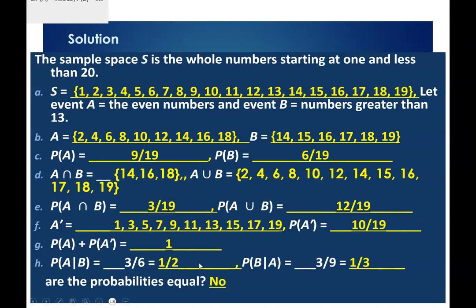Probability of A given B, we would have 3 elements in set A intersect B. Remember, if we're thinking about what's in going by the formula. And then we would have 6 in B, reduces to 1/2.